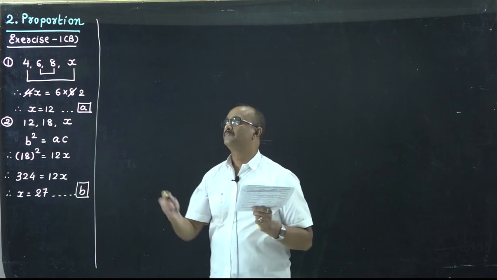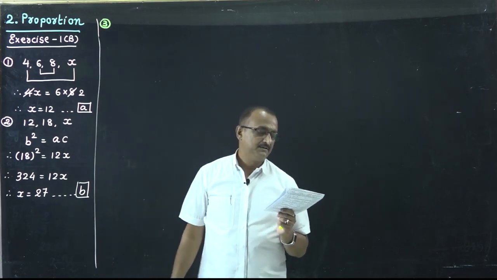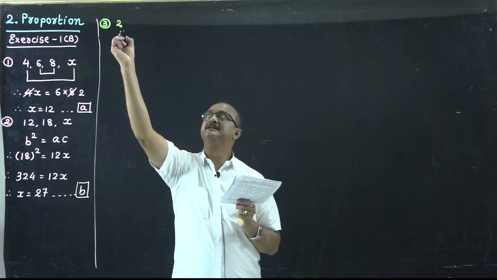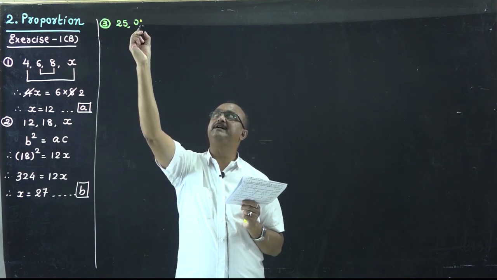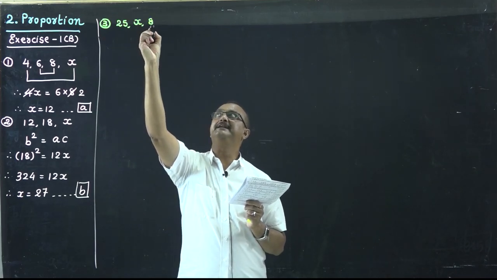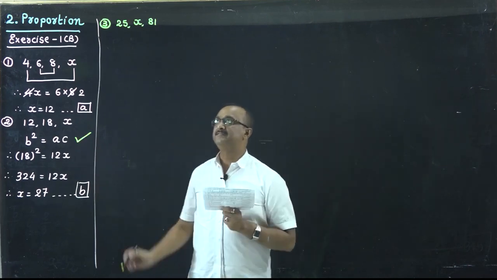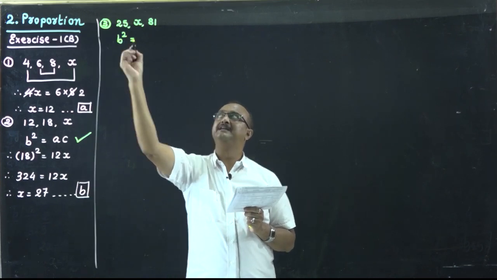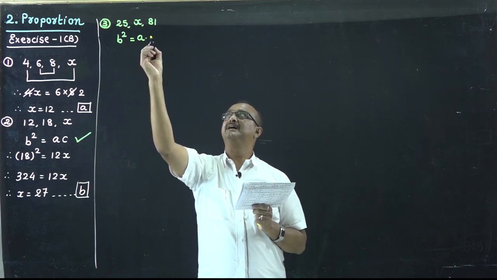Now, question number 3: the mean proportional between 25 and 81. So again, what is our formula? B square is equal to AC, means middle term square is equal to first term into last term.